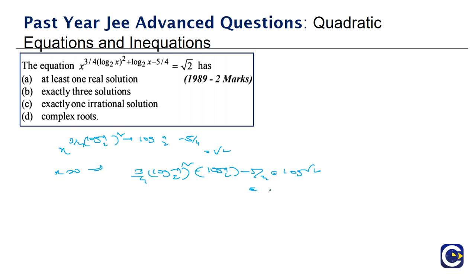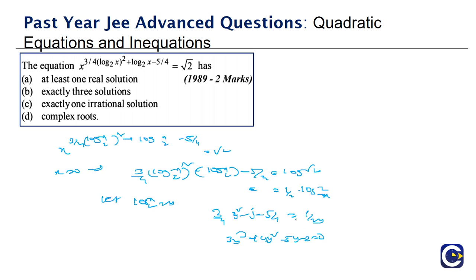So this is nothing but half into log base x of 2. So let us assume that log₂x is equal to y. Then we get (3/4)y² + y − 5/4 = 1/(2y). So 3y³ + 4y² − 5y − 2 = 0.